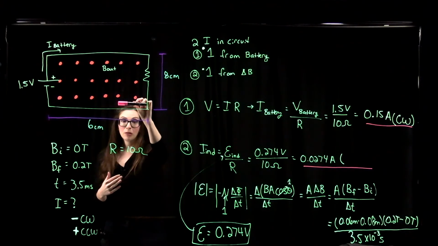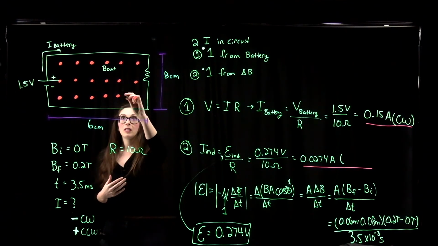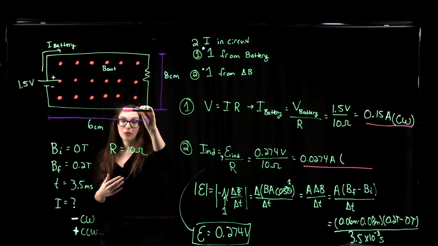If the magnetic field starts from 0 but grows, pointing out of the page, the induced magnetic field from the current is going to try to keep that magnetic field from growing.